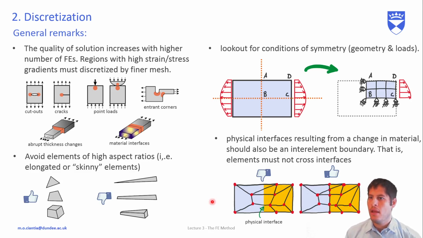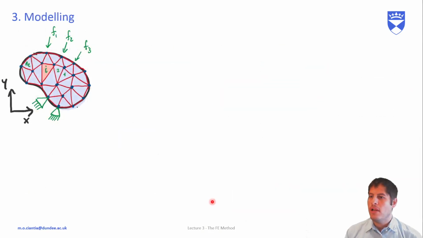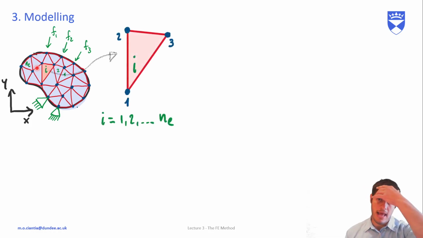Okay. So moving on to the modeling part, the crucial part. As we have meshed our continuum, we can number our elements 1, 2, I, and NE. And let's look at a single element I. In this case, it's a 3-noded element, but we have NE elements.